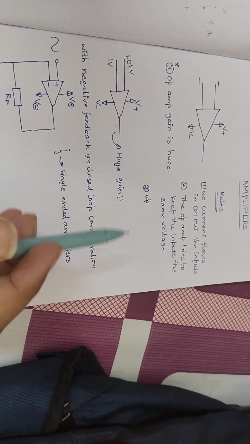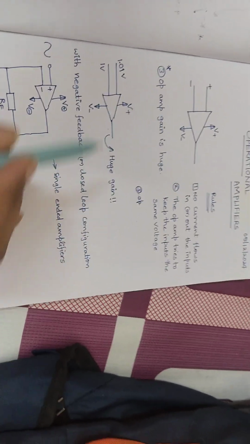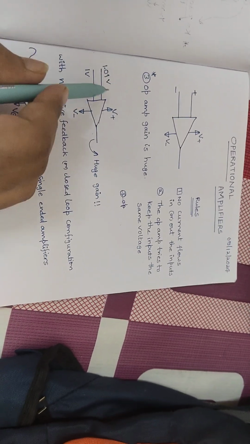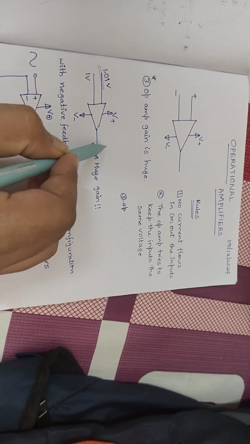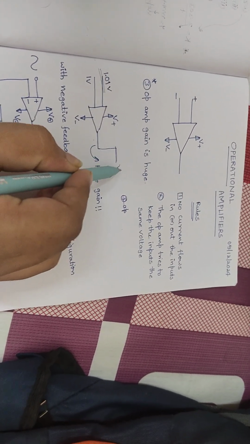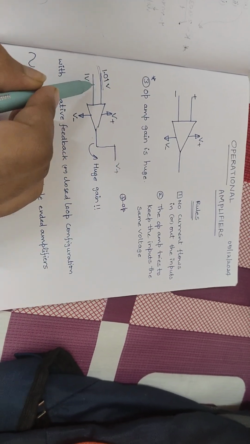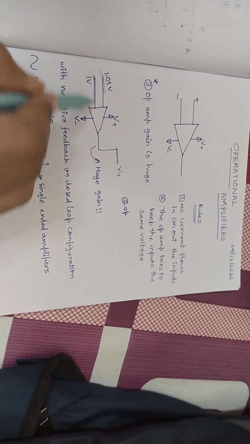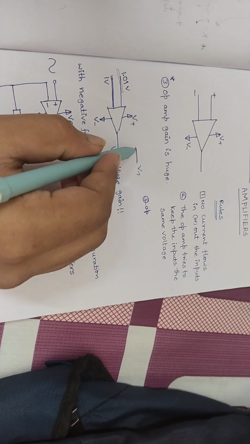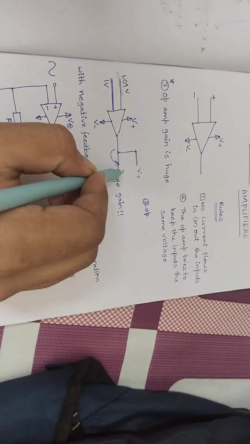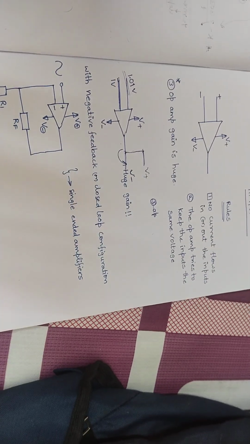So if the larger voltage is at the non-inverting terminal, it is going to saturate to V plus. But if the inverting terminal has a little bit higher voltage, then it is going to saturate to V negative.